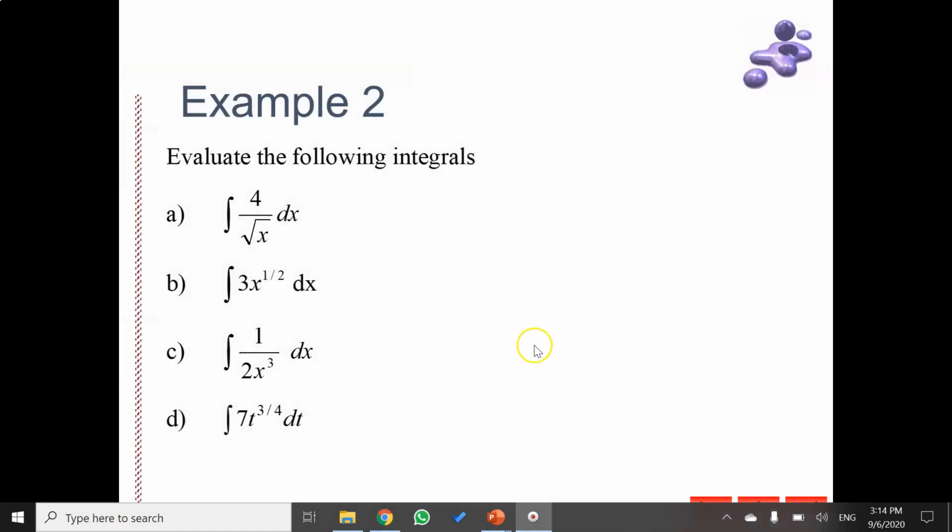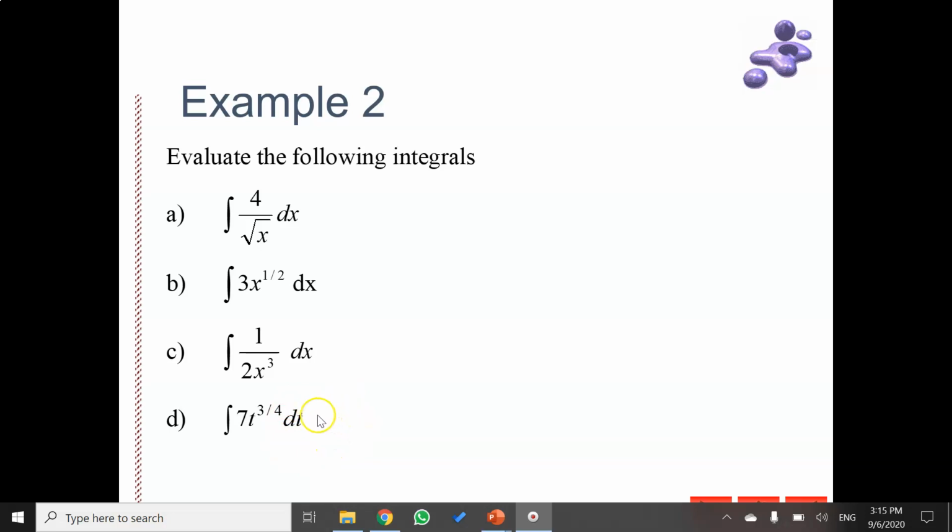Okay, next example. Evaluate the following integrals. A, integrate 4 over square root of x dx. B, integrate 3x to the power of half dx. C, integrate 1 over 2 x to the power of 3 dx. And D, integrate 7t to the power of 3 over 4 dt.